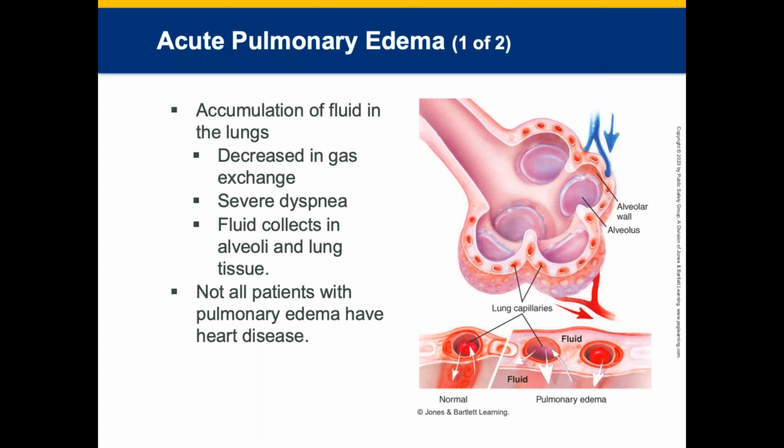Fluid starts collecting in the alveoli and the lung tissue, and this may develop very quickly. Not all patients with pulmonary edema have heart disease, though. Other causes could be poisoning from smoke or toxic chemical fumes, traumatic injuries to the chest, exposure to high altitudes. What else can cause significant water in the lungs or fluids?